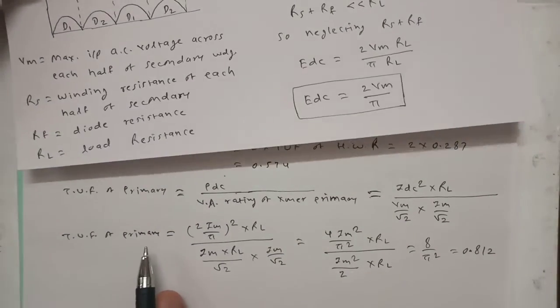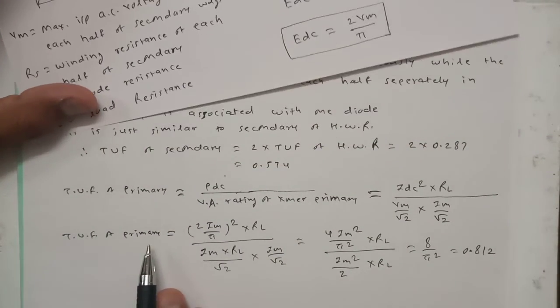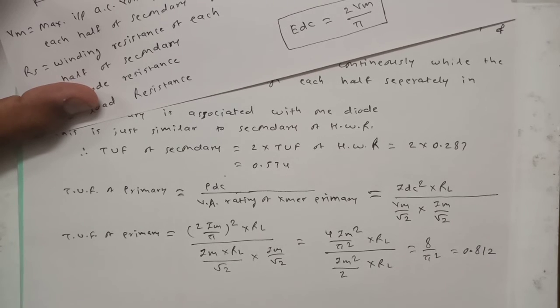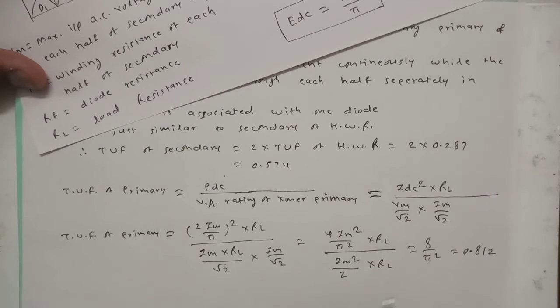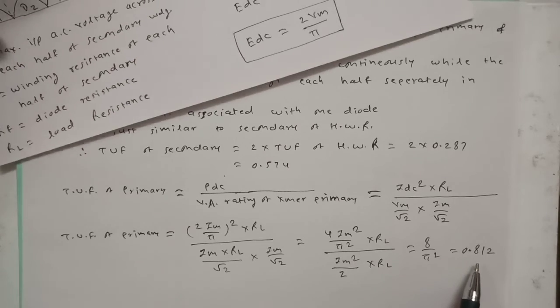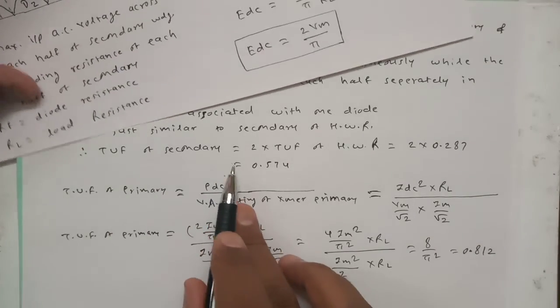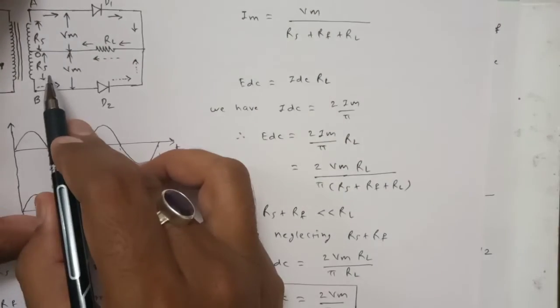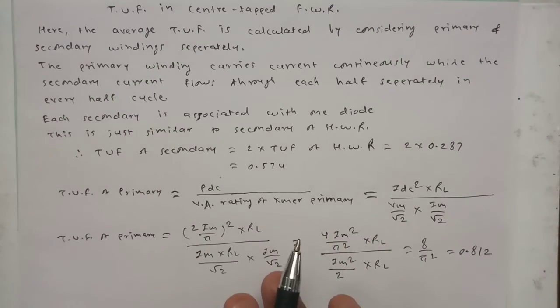So that is TUF of primary. So this is only the value for the primary. In the same manner, we have calculated TUF of secondary, and now let us go for its average.